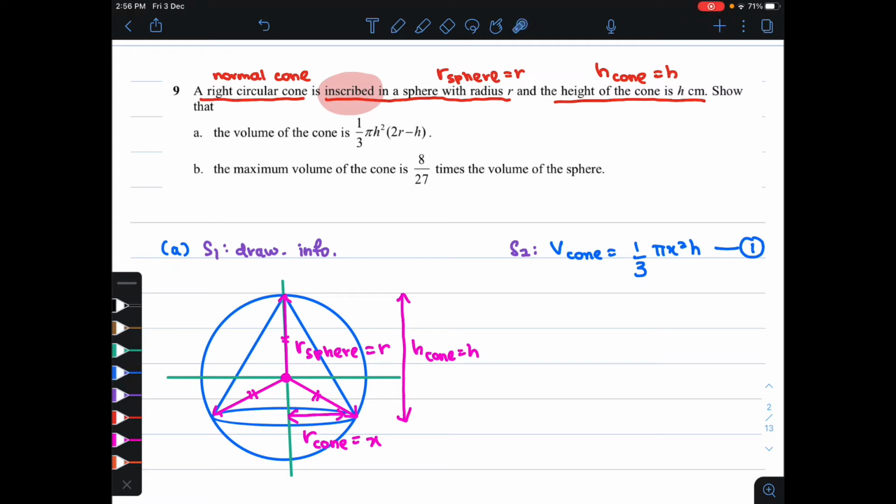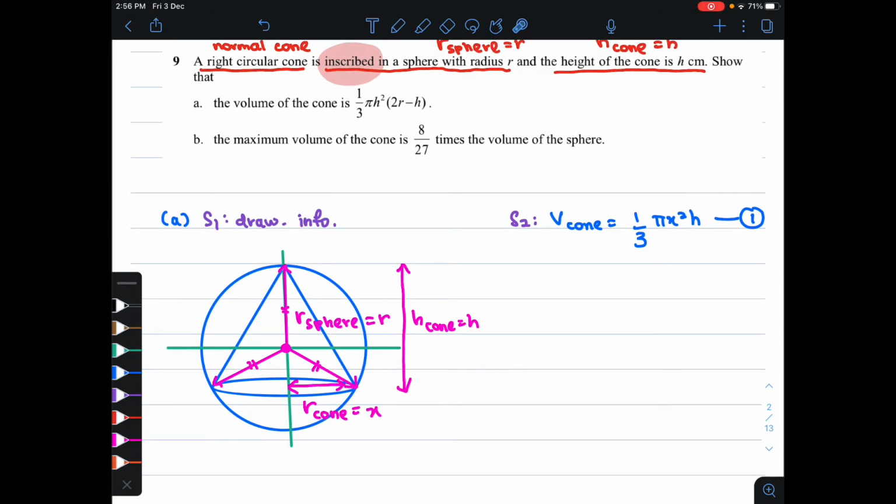For the second equation, try to see if you can get a right angle triangle. So, sebenarnya ada right angle triangle kat sini. Which is this one here. Okay. So, ini adalah right angle triangle. So, kalau kau perasan, this one adalah x, and then this one adalah radius of sphere, which is r. So, ini pun adalah r.